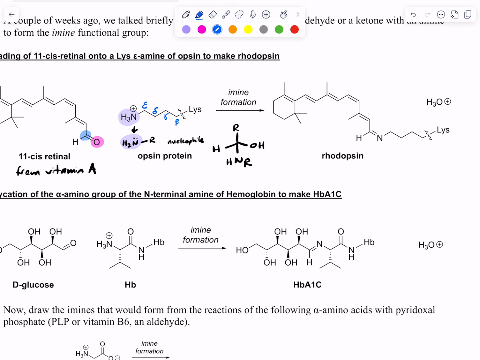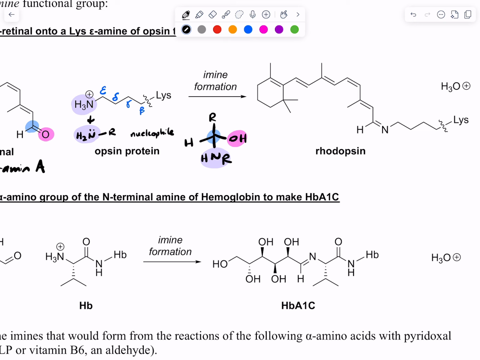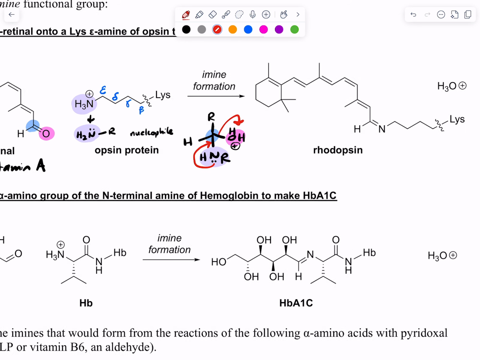This is the carbon that used to be the carbonyl carbon. This used to be the carbonyl oxygen. This is your nitrogen nucleophile. If the OH group gets protonated, that turns it into a good leaving group, and the nitrogen lone pair can kick off water as a leaving group.